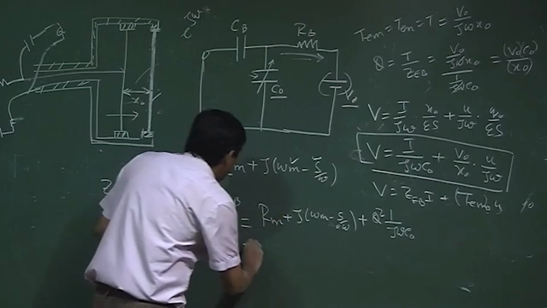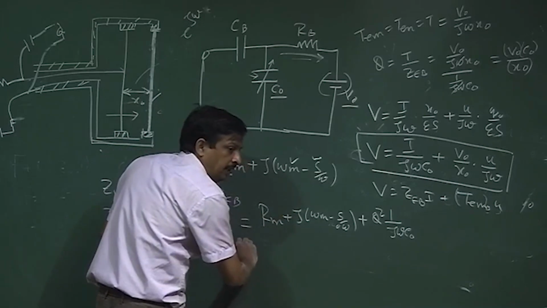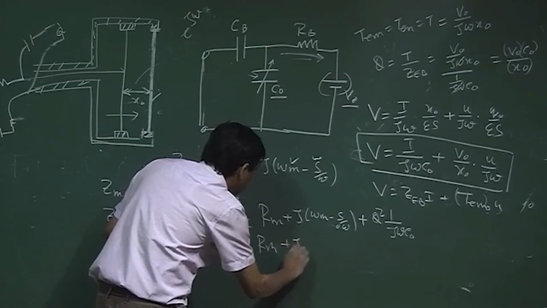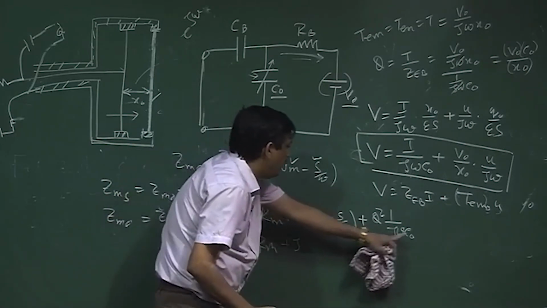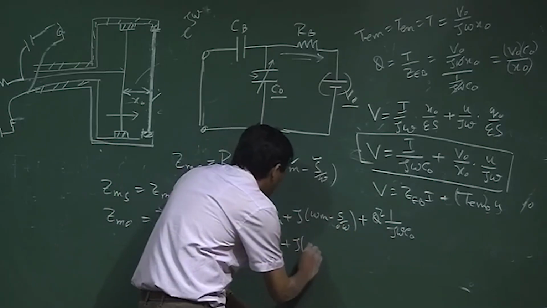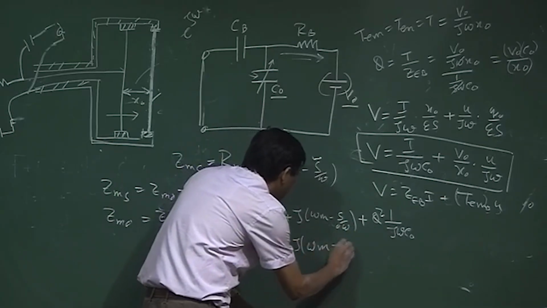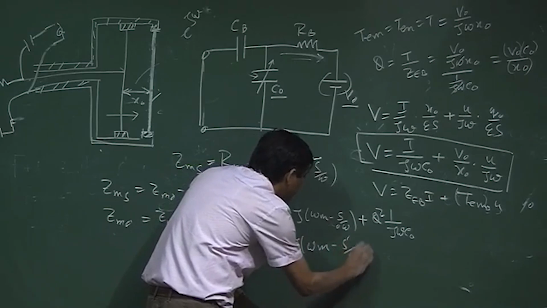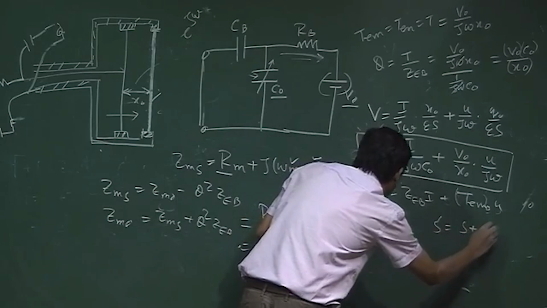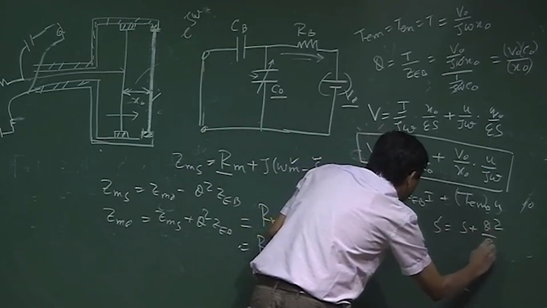If I add this, I can say Rm plus j omega m minus S dashed by omega, where S dashed is nothing but S plus phi square by C0.